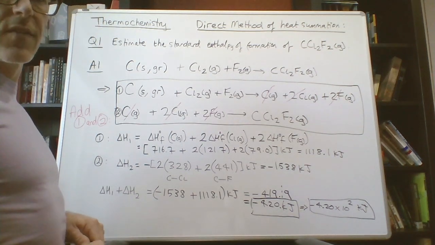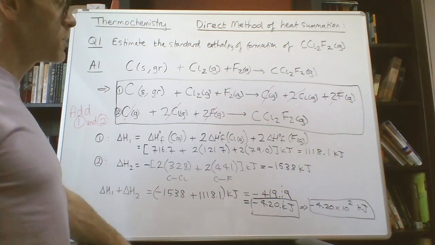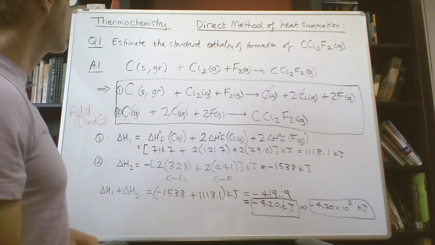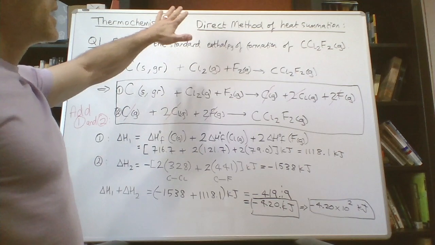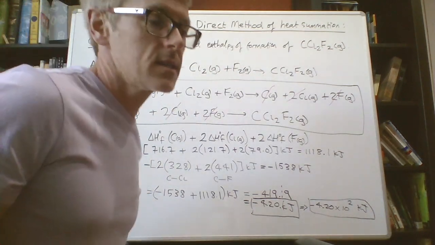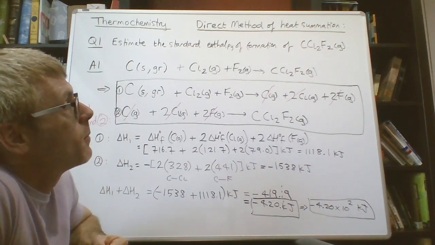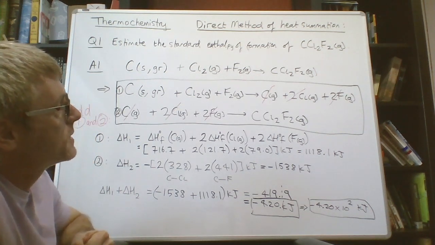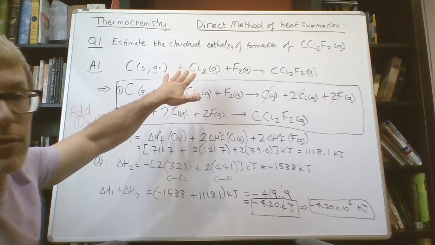Okay, so this is our first new topic in thermochemistry, the direct method of heat summation. We'll look at a second example in a second. Before we do, let's just remind each other what we're doing. First of all, it's called the direct method. It contrasts with Hess's law of heat summation, which is known as the indirect method. It's called the direct method because we're directly looking at essentially every bond.